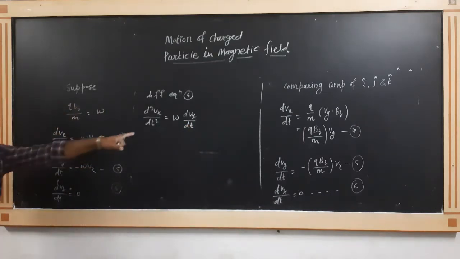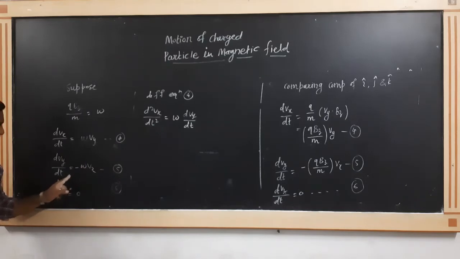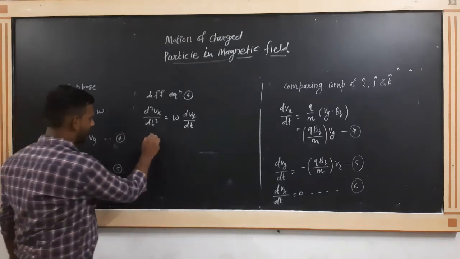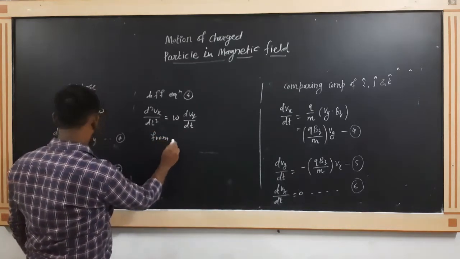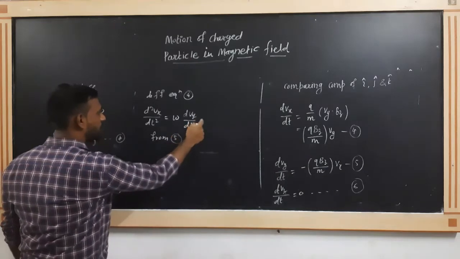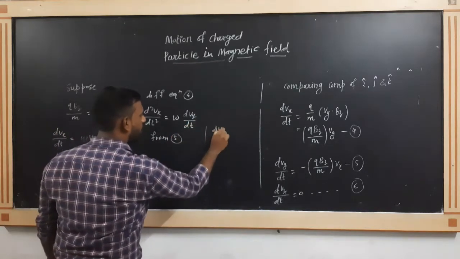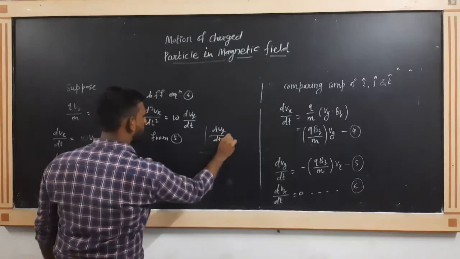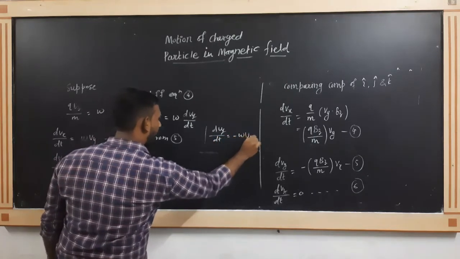But what is the value of dvy by dt? From equation 5 we have dvy by dt equal to minus omega vx.